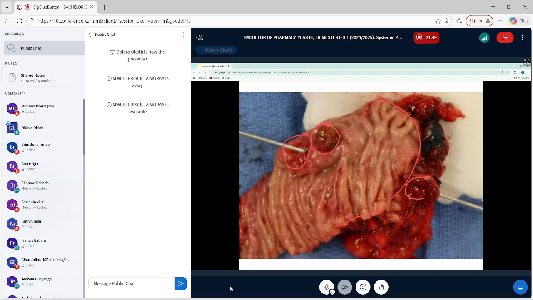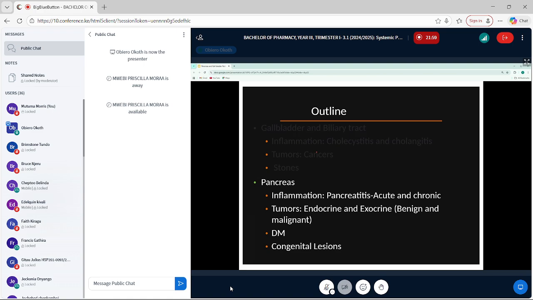I'll show you the ampulla of Vater better when we reach the pancreas. So that was the gallbladder. We said mainly inflammation, cholecystitis, acute and chronic, gallbladder carcinoma, and the main pathology here being stones.